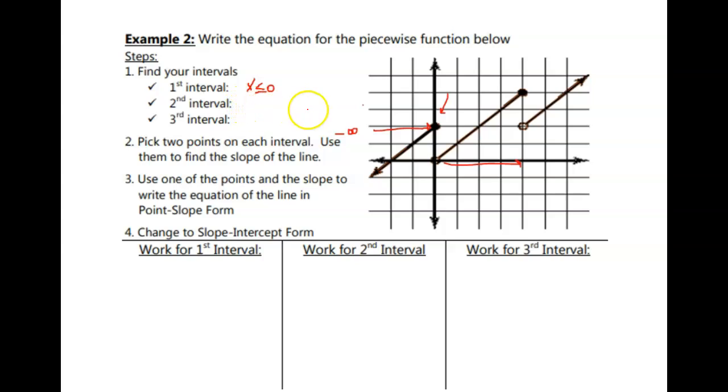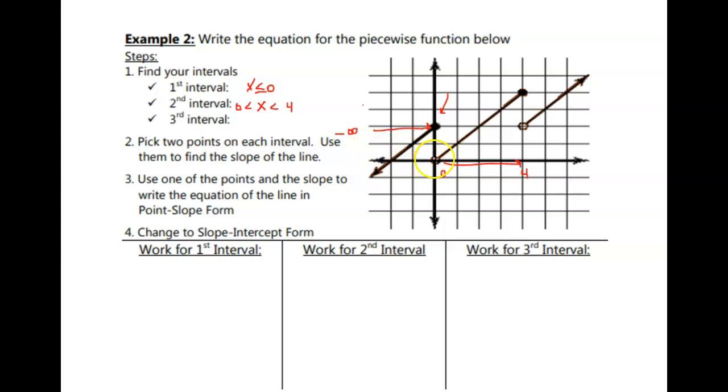I know this is between 0 and 4, so I'll just write that interval. I put x in the middle, and I know these values for x are going to be in between 0 and 4. So when x is greater than 0, it's less than 4.